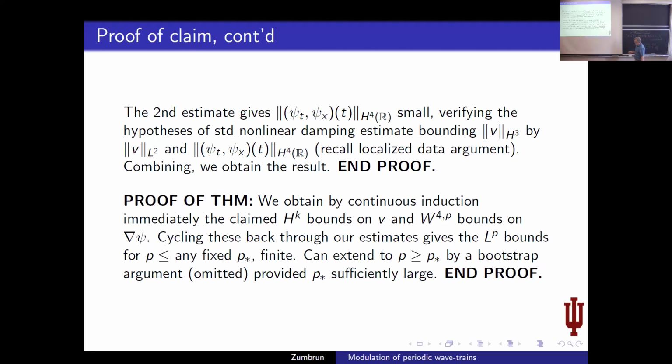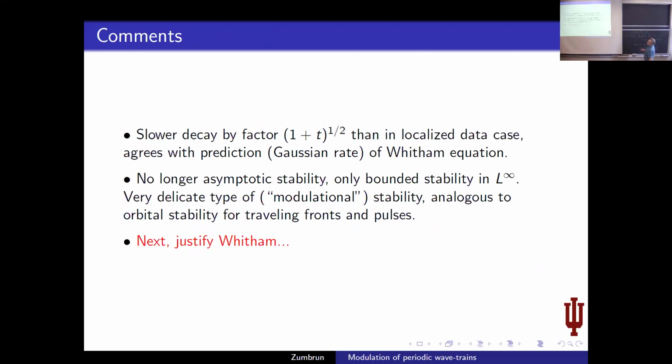Basically, the problem is that we put the L1 norm on the source and we tried to put all the decay on the propagator. You can't do that. You could put the L2 norm on the source and less decay on the propagator, then it works. That's the answer. Right, but that's a detail. And we just noticed we got slower decay by a factor 1 plus t to the 1/2 than in the localized data case.